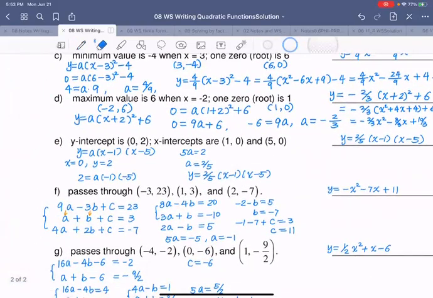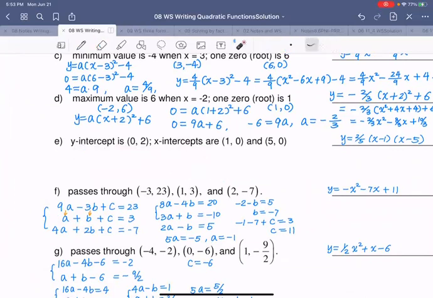Now, next question. Kyle, let's do this one. I'll use the roots format. So y equals a times (x minus 1) times (x minus 5).